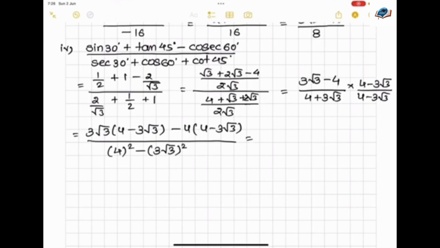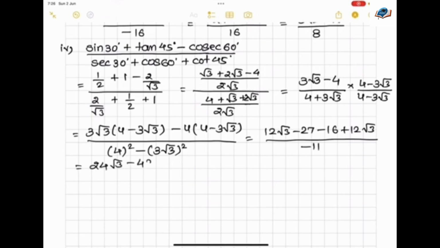So that will be 12 root 3 minus 9 into 3, so 27 minus 16 plus 12 root 3 whole upon minus 11. So that will be 24 root 3 minus 43 upon minus 11. Now the minus sign I am taking up. So 43 minus 24 root 3 upon 11.